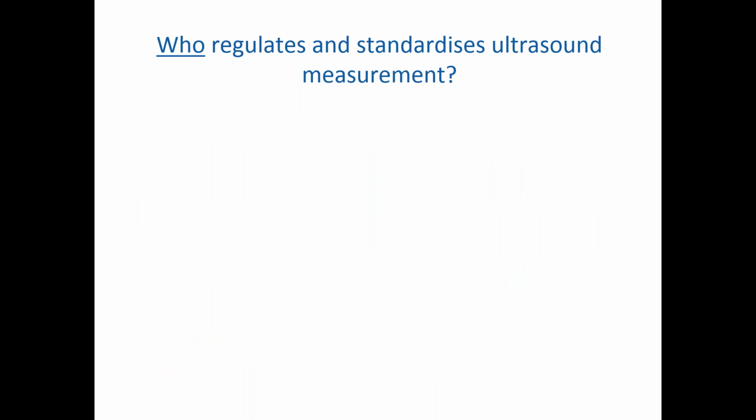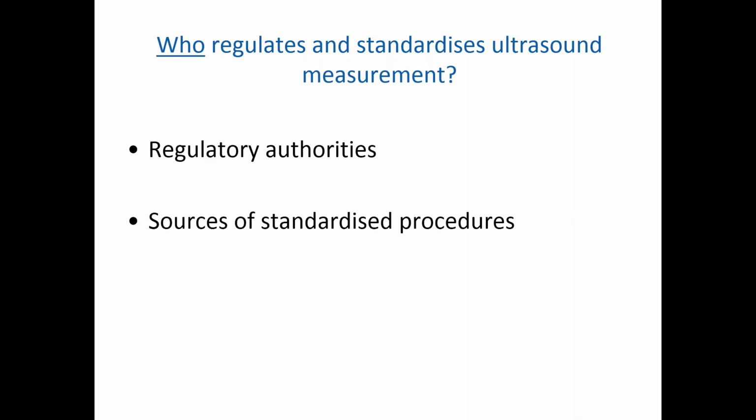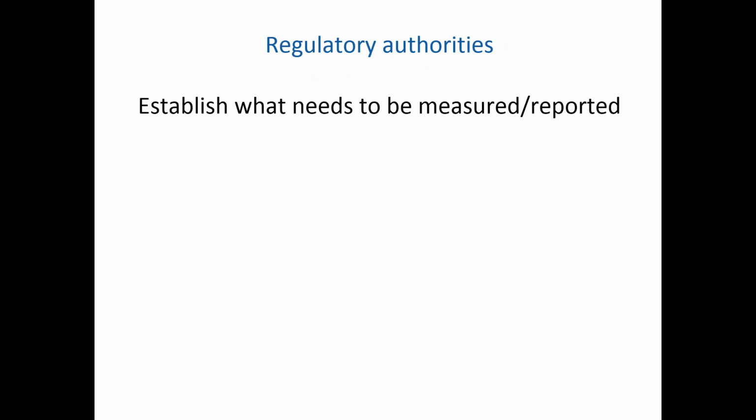So we ask the next of our questions, who regulates and standardizes ultrasound measurement? And this is generally accomplished via three different groups. We have the regulatory authorities, the sources of standardized procedures, and then auditors or notified bodies or scientific certification organizations. The role of regulatory authorities is to establish what needs to be measured and reported.